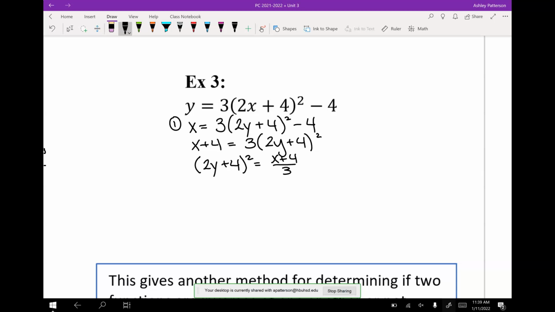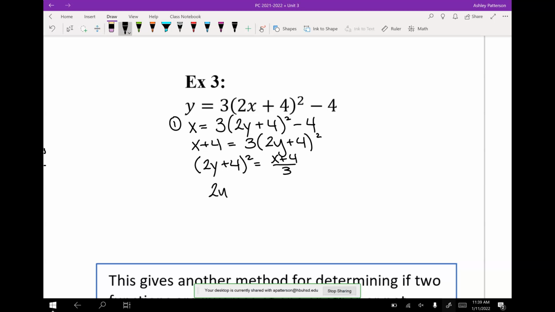What's the inverse operation of a square? Square root. And when we're solving, what do we have to remember to do when we take the square root? Plus and minus.